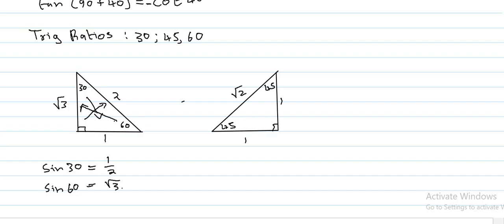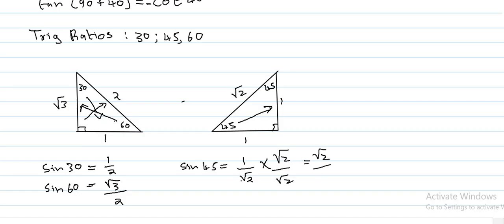This will be the square root of 3 over the hypotenuse, which is 2. The same when they say the sine of 45. Any 45 that you are looking at, from this example, will be opposite over hypotenuse, which is 1 over the square root of 2. And since you are not allowed to have the square root as the denominator, we rationalize the denominator by having the square root of 2 over the square root of 2. 1 multiplied by the square root of 2 is the square root of 2, over the square root of 2 multiplied by the square root of 2 is 2.